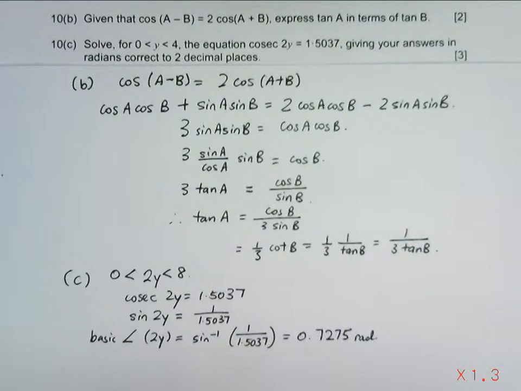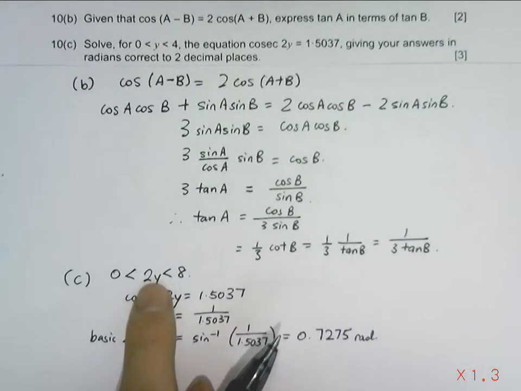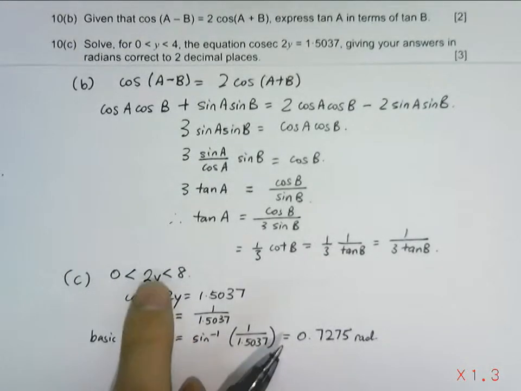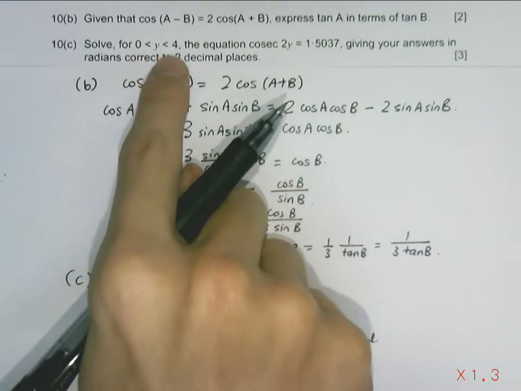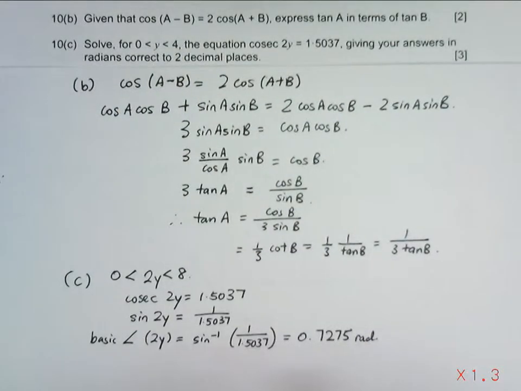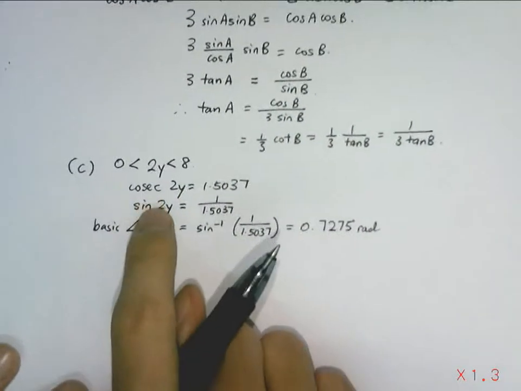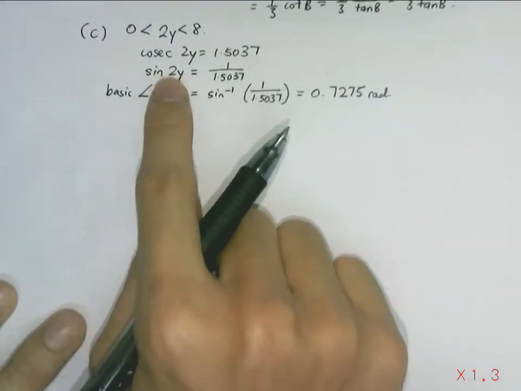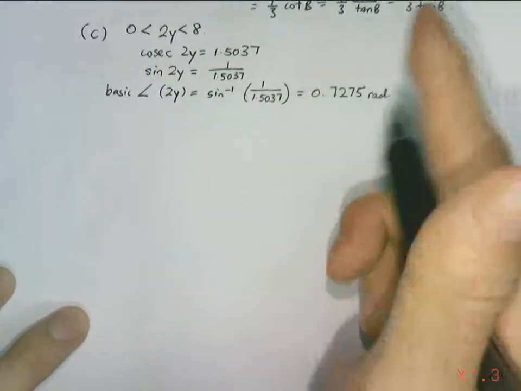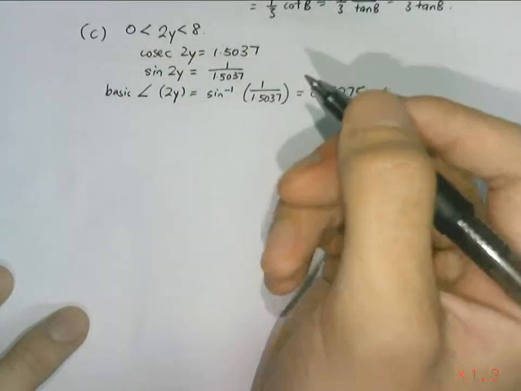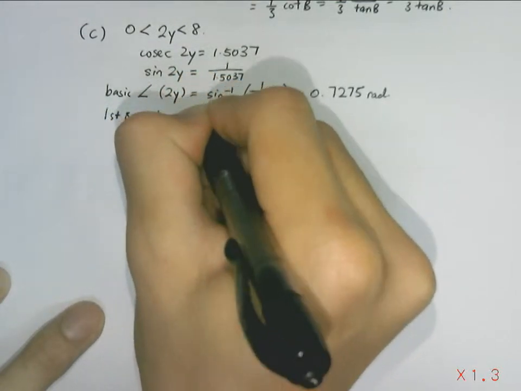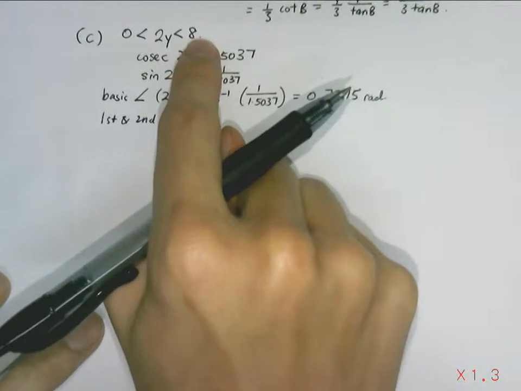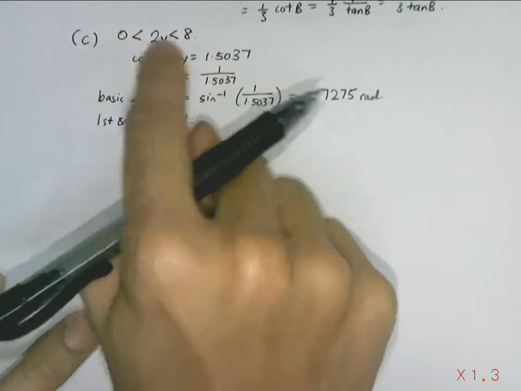Based on this, we can find all angles for 2y first, one step at a time, before we divide by 2 to find all angles between 0 and 4. Also note that the sine is a positive ratio, giving us a clue that it must be from the first and second quadrant. So check all first and second quadrants between 0 and 8.